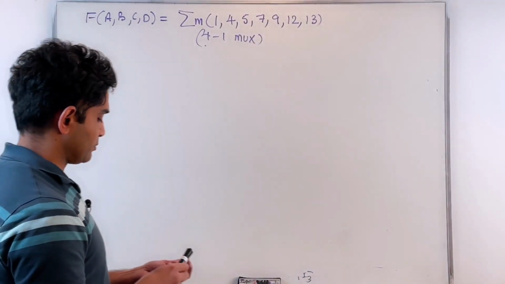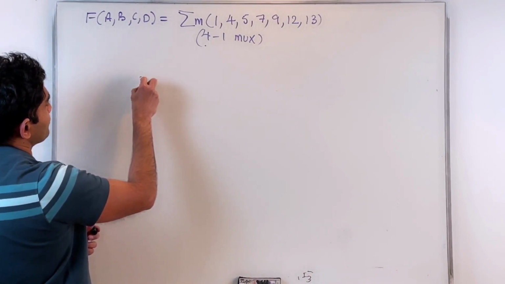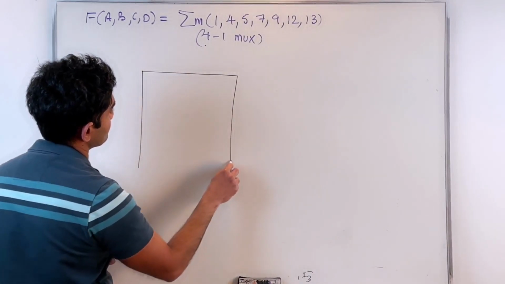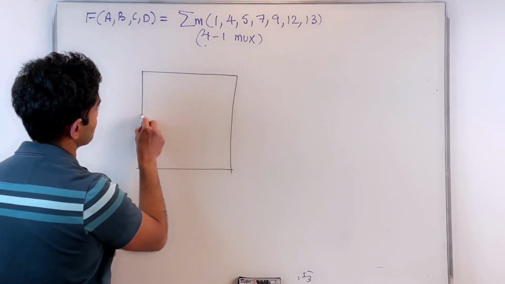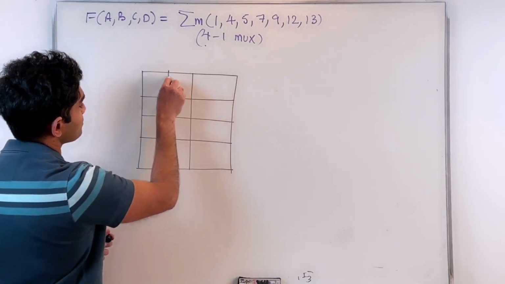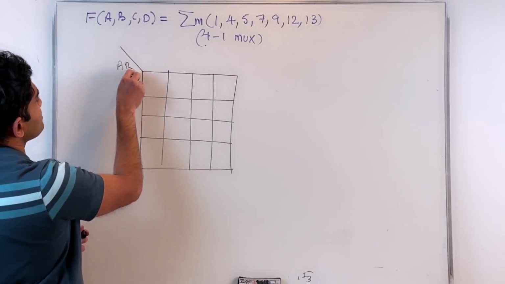So let me draw the K-map for that first. The K-map that corresponds to that function is something like this.